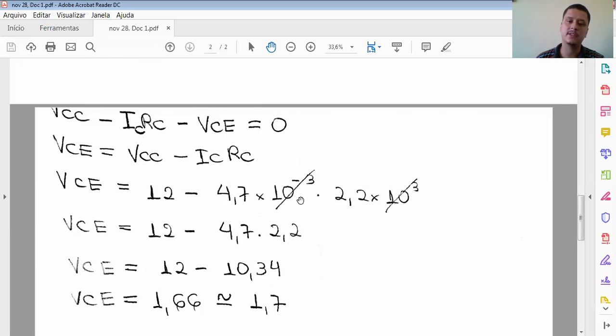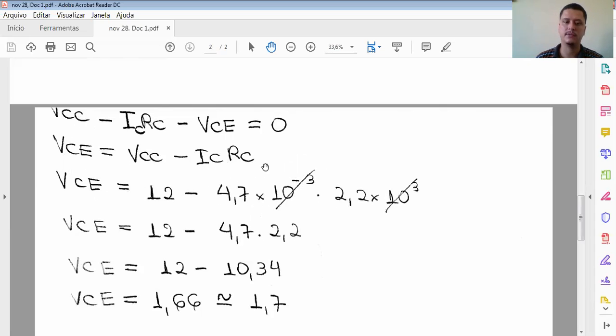Why did I put here 10 to the power of minus 3? Because it's 4.7 milliamperes. I'm going to put the current in amperes, the resistance in ohms, and the voltage in volts. So we're going to have the final answer already in volts. I won't need to do any manipulation in order to find my final answer in volts.